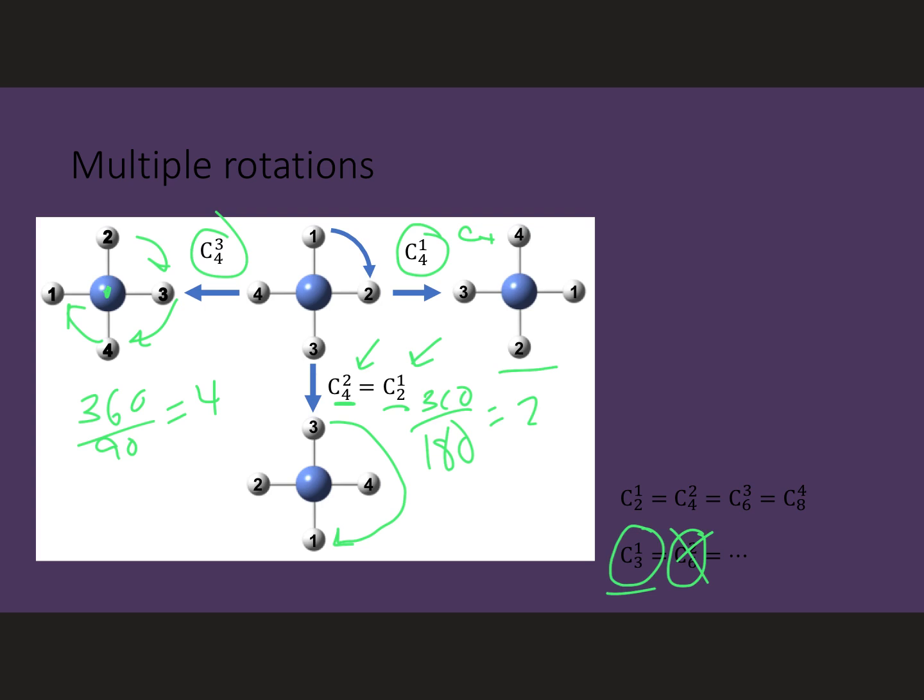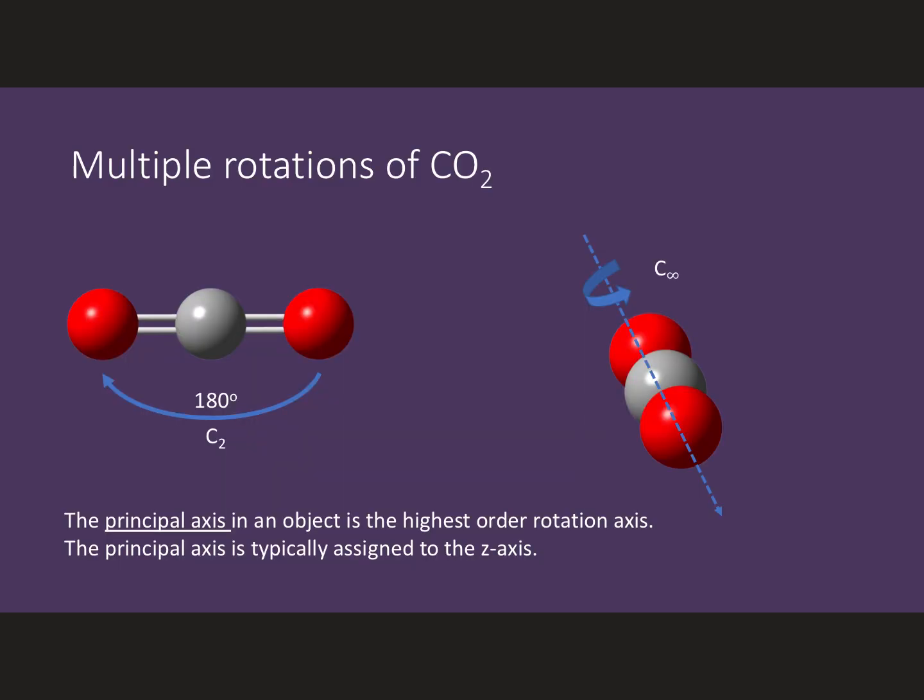Okay? We also run into times when we can have multiple rotational axes. So here, for example, we've got CO2, and we could look down here and say, all right, if I look down from the top here, I can see my C2 rotational axis because I go around by 180 degrees. There we've got an axis. But we could look at another one.